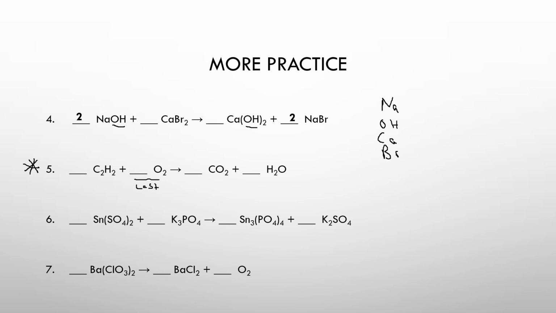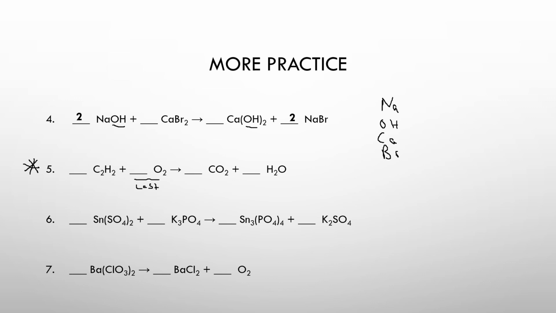I usually start off by looking at the H2O. I have two, and the reason I look at the H2O first is because this O over here is by itself, and even if I don't ever touch that, I'm going to have to make that into an even number because nothing times 1 is going to give me an even number over here on the left side. So I can start off by putting a 2 there.